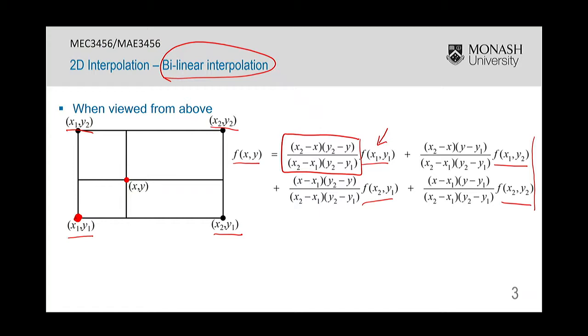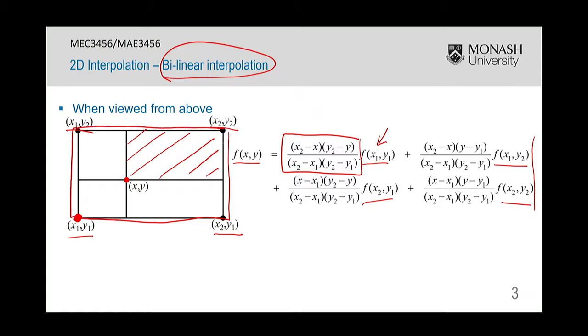So what we're saying is the function value at this point is a weight based on the 4 function values, and the weight for this point here is given by the area of this rectangle here divided by the area of the total rectangle.